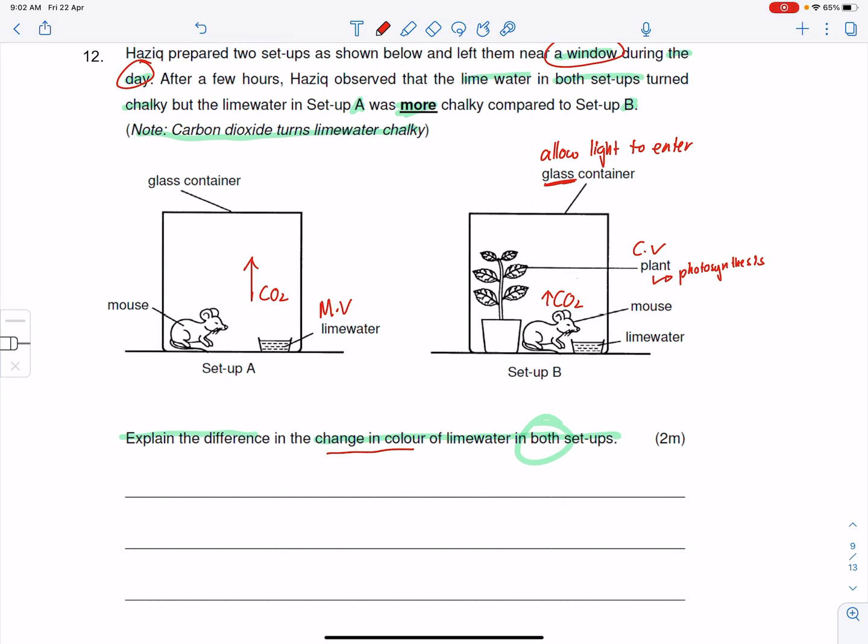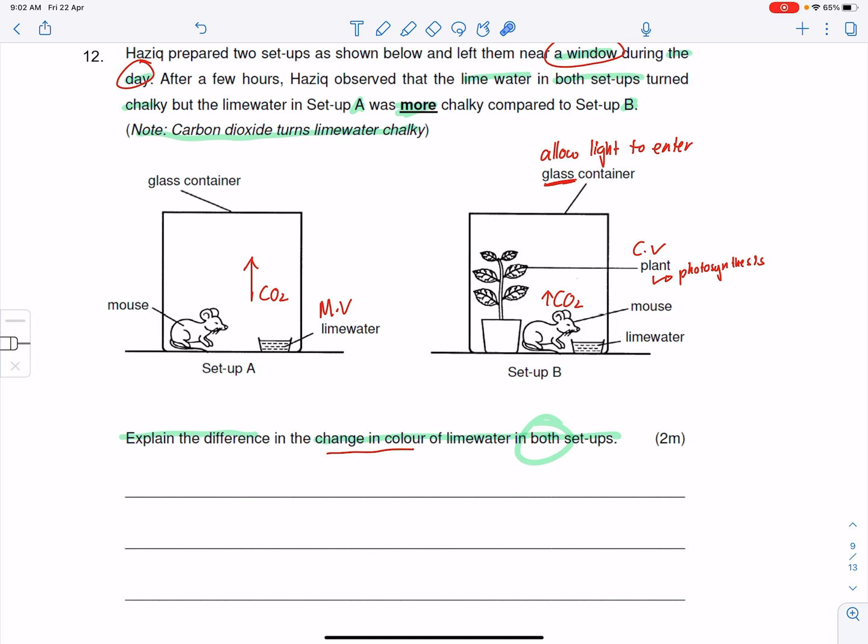And since there is carbon dioxide, I must ask myself, where did this carbon dioxide come from? The main idea is they both came from respiration of the living organisms. So you have a mouse. So both mice actually respired and they both release carbon dioxide. So why is it that in this setup, even though there's only one mouse for both, the carbon dioxide level is lower in setup B?